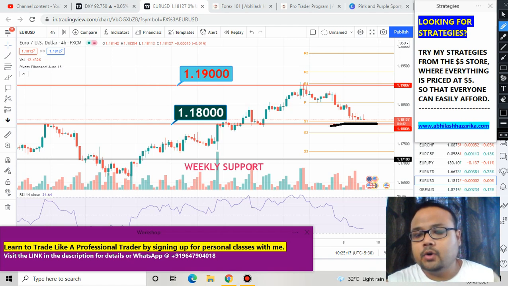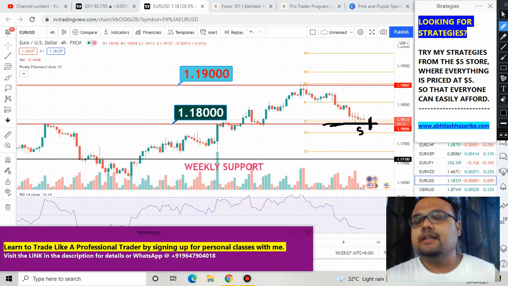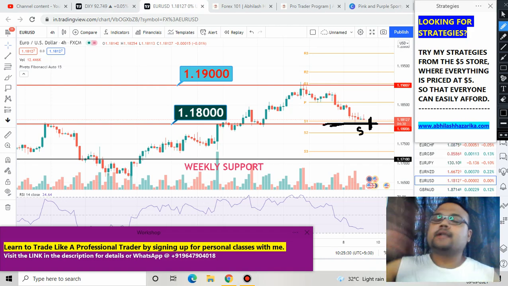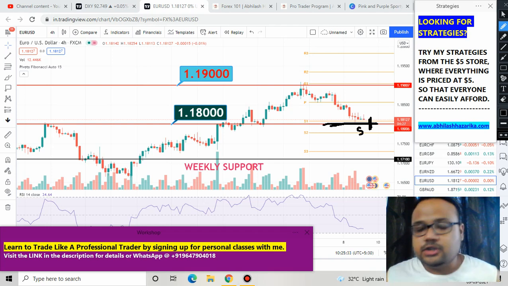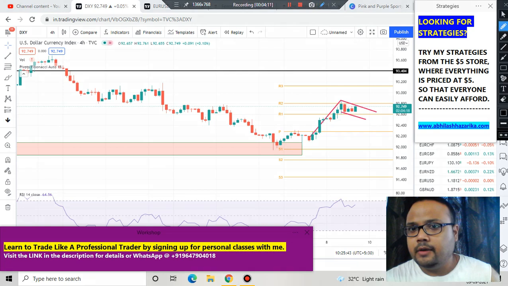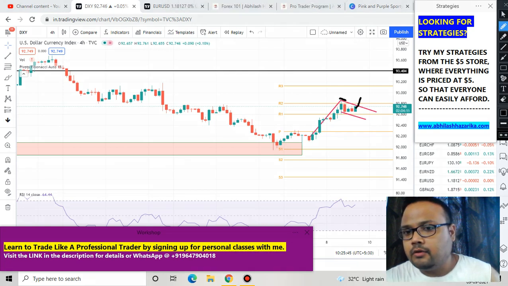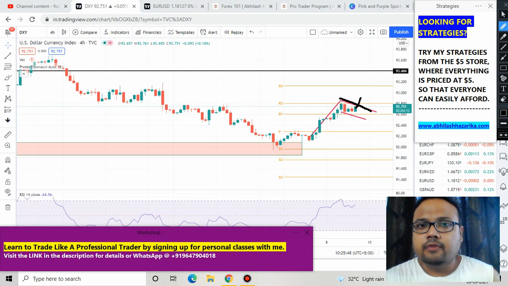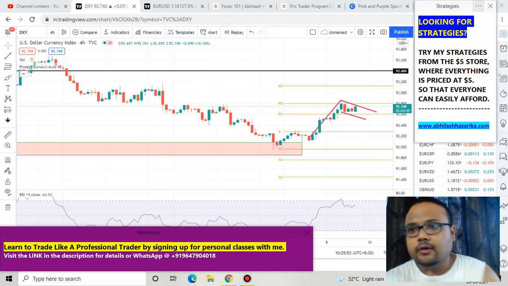If the market crosses or breaks this support level, you can short the market below this level, in case the dollar breaks the resistance on the chart. So keep your eyes mainly on the chart of the US dollar, because right now everything depends on it. Whenever the dollar goes up from here, or crosses this level, Euro USD will fall and break the support of 1.1800, and you can short the market.